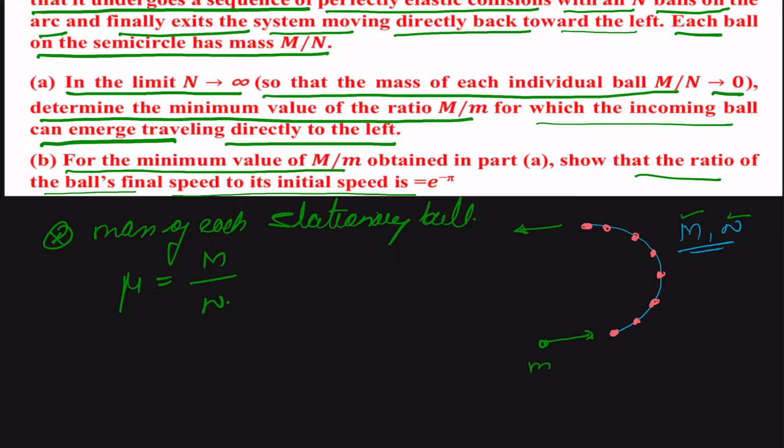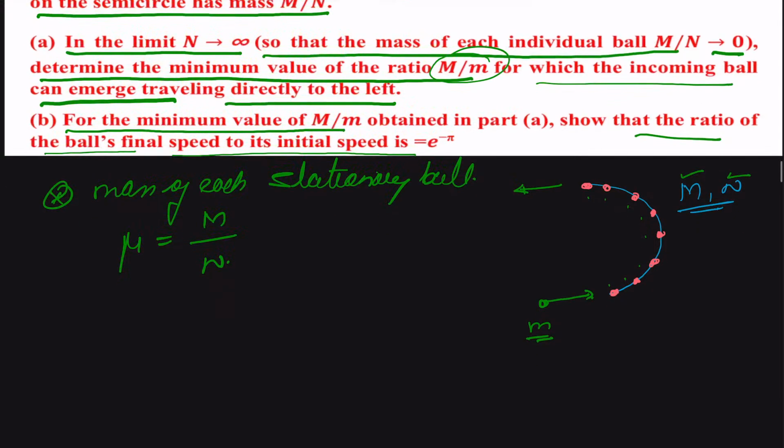Okay. And we have to remember that this ball, small m, is going to strike one by one all these balls, and then come out from the top side, and all these collisions are elastic collisions. Okay. So we have to find out the minimum value of this m upon M. That is our part A.